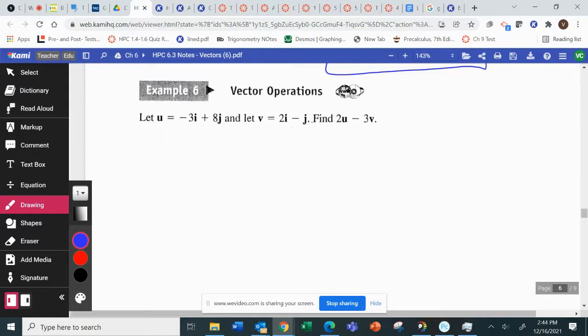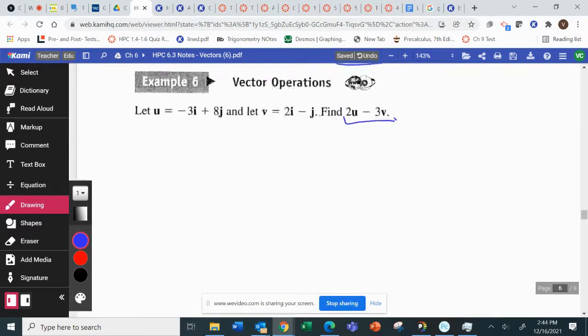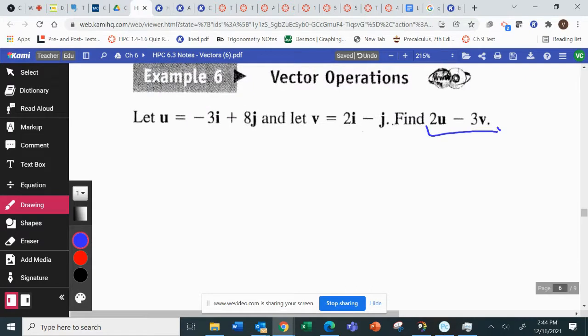All right, so here's vector operations. We're asked to find 2u minus 3v, where u is -3i plus 8j, and v is 2i minus j. You don't have to put it into component form, find the answer, and then put it back. You can leave it in linear combination, and we can do 2 times (-3i plus 8j) minus 3 times (2i minus j).